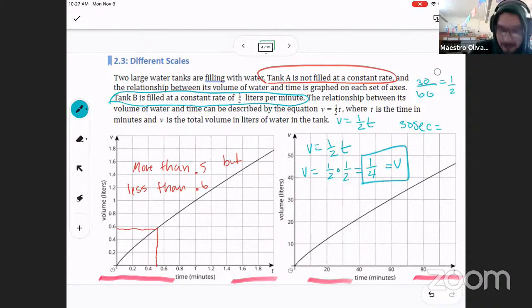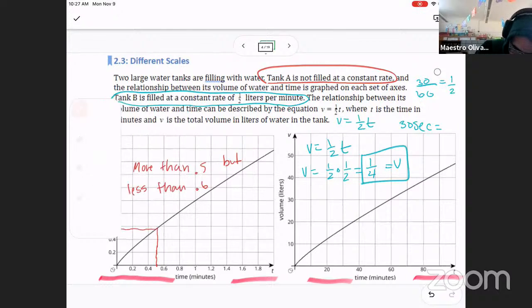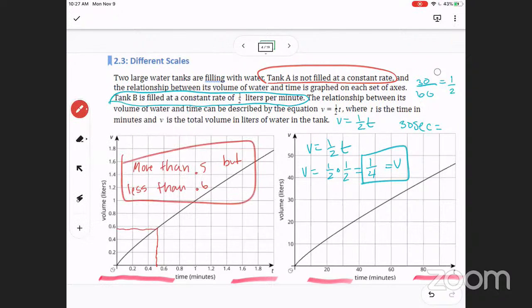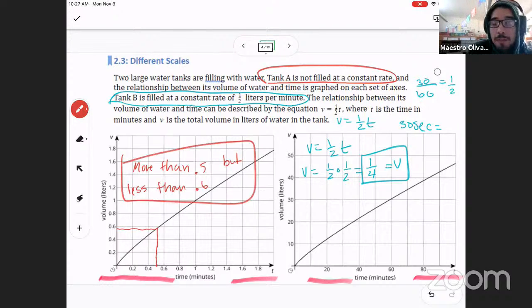So for the second tank, there's about 1/4 of a liter of water after 30 seconds. But for the red tank, there's about more than 0.5 and less than 0.6. So who has more water at 30 seconds, the red one or the blue one?